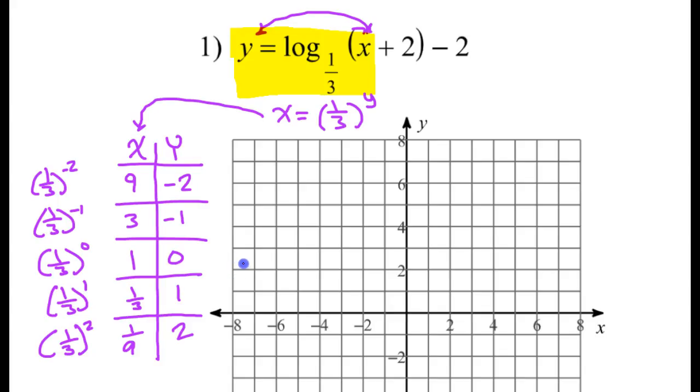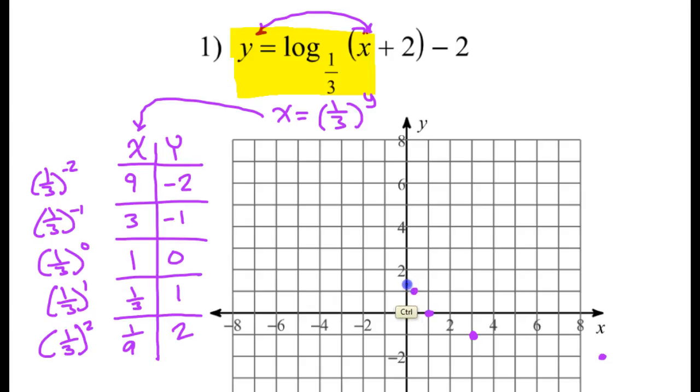Okay, so let's go ahead and graph them. Keep in mind that the parent function for a logarithm will always have the y-axis as the asymptote. So 9, -2 is going to be right here. 3, -1 is right here. 1, 0 is right here. 1/3, 1 is about here.